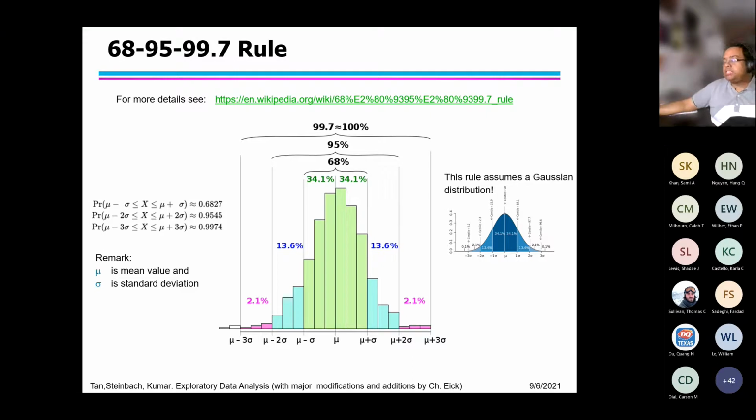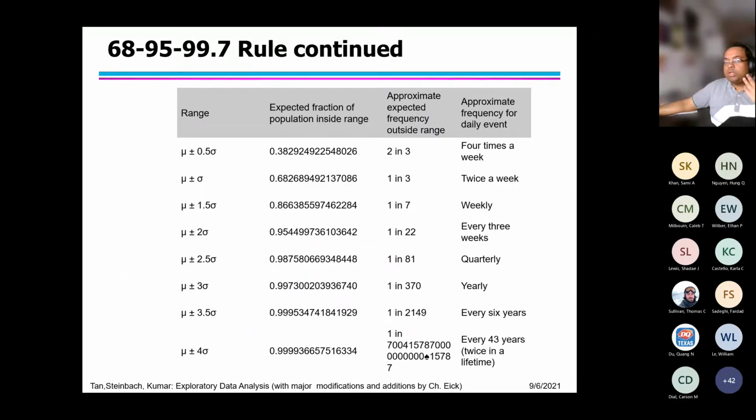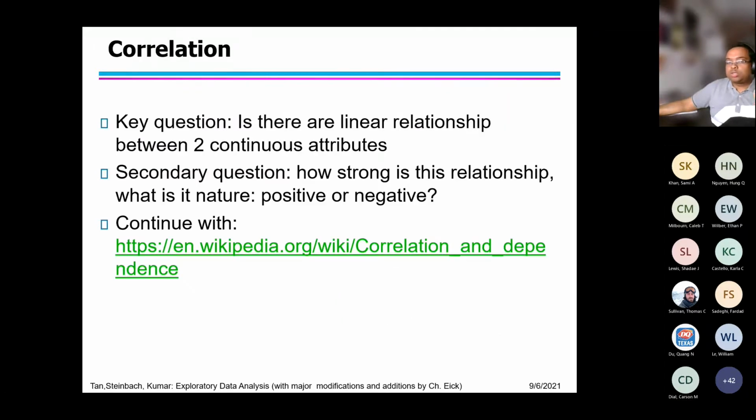And to figure out relationships between attributes, we move to another concept which you have probably heard of, which is correlation. Correlation and dependencies essentially tell you how multiple attributes within your data set are related.